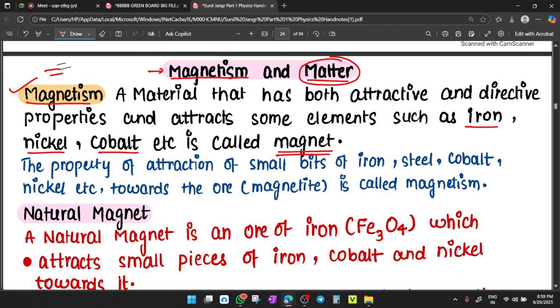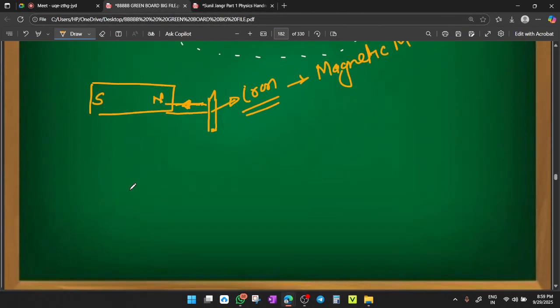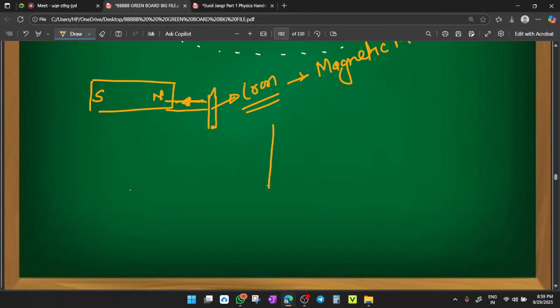Attractive means it will attract magnetic materials, and directive property means when you suspend a magnet freely, it will direct itself in the north-south direction.